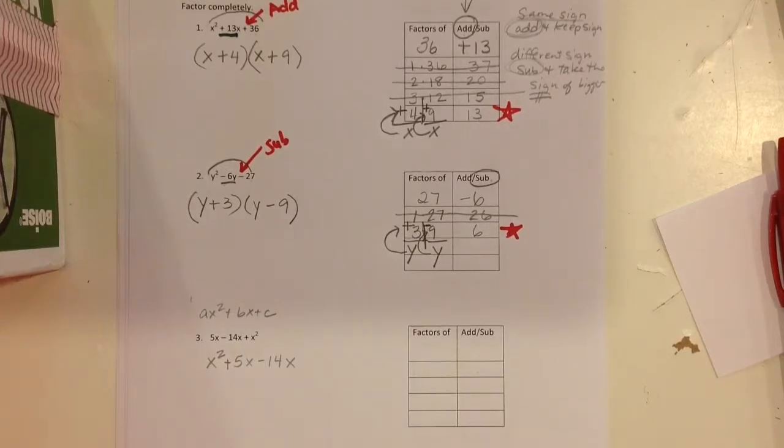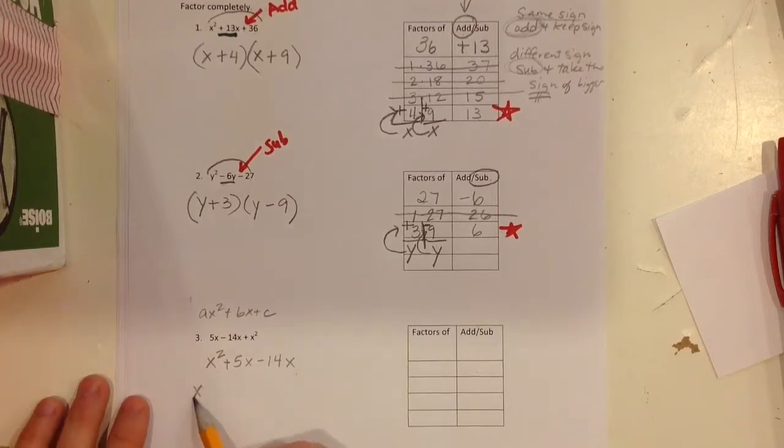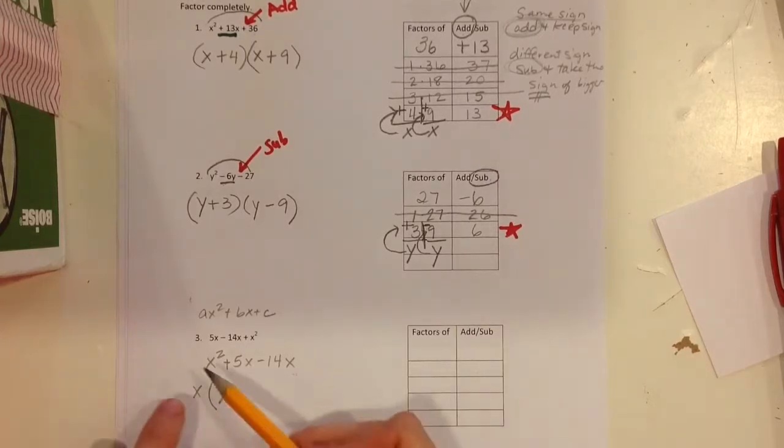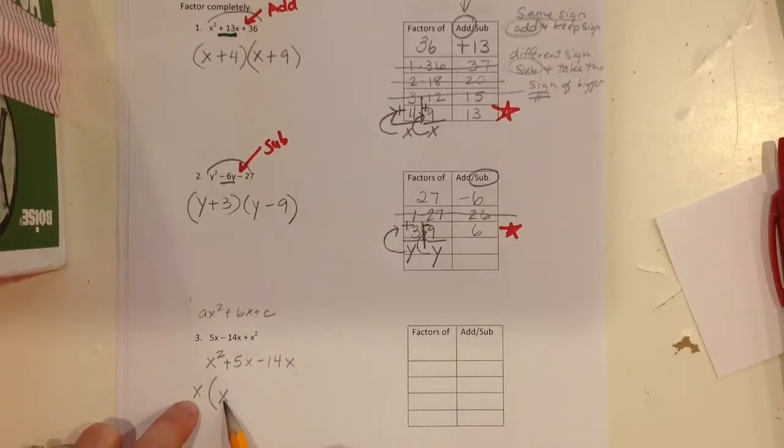So I am going to factor out an x. And the reason why we're factoring out an x is because there's x's in all 3 groups. So when you have an x in all 3 groups, I have 1x left. Remember, when you do your GCF, what you're doing is you're subtracting your exponents. So if I take 1x from 2 x's, I'm left with 1.